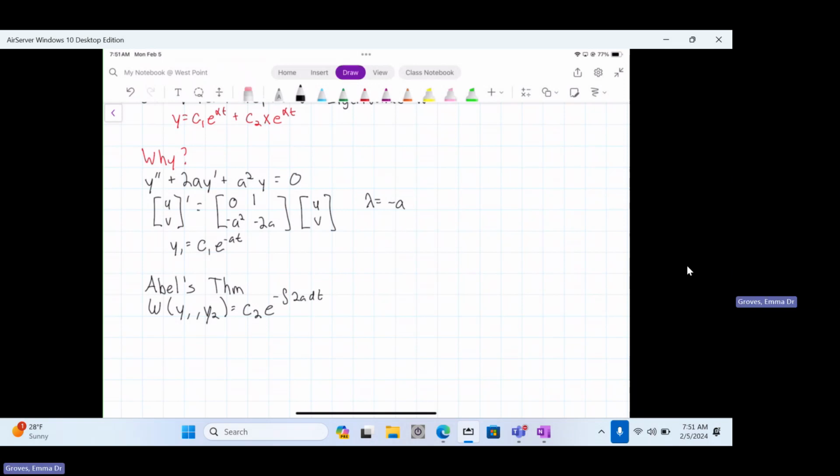Abel's theorem was a little bit more general. It just said the term in front of the y prime, but we know what's in front of the y prime, so I went ahead and threw that in there. And then if you integrate this, you get c2 e to the negative 2at.